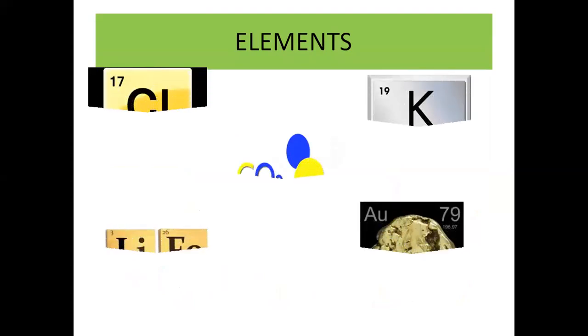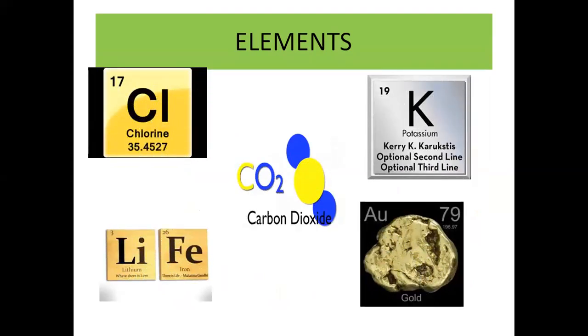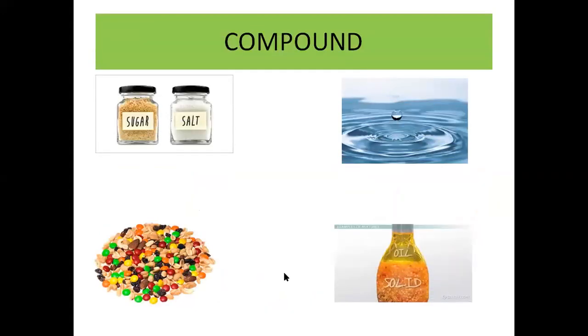Okay, let's see, these are the examples. Here you have the example of the element and the compound. We have in this picture four elements: chlorine, potassium, lithium, iron, and gold. But one is a compound, that is carbon dioxide. Let's see another example. This is the example of the compound.